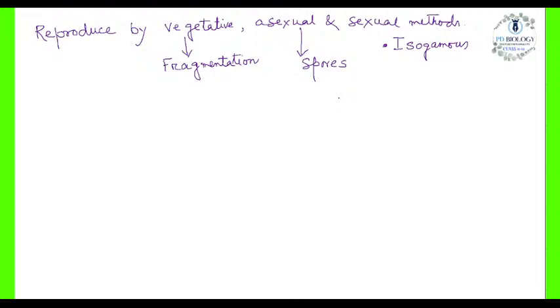Fusion of two gametes of dissimilar size, in some species of Chlamydomonas also, is anisogamous. Fusion between one large non-motile static female and a smaller motile male gamete is known as oogamous, in Volvox, in Fucus.